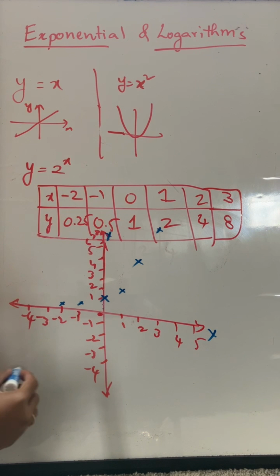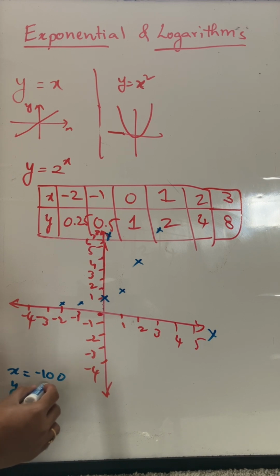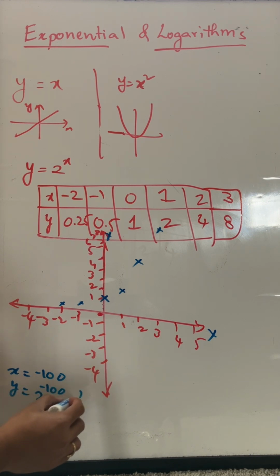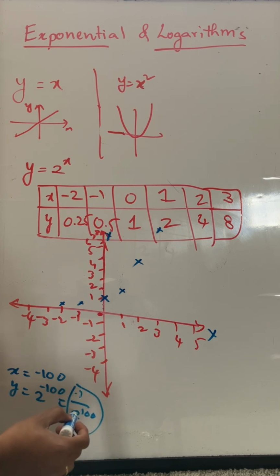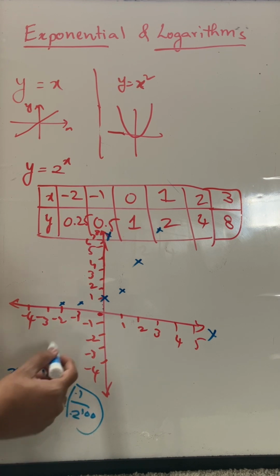Even if x equal to negative 100, what is y? It is 2 to the power of negative 100, that is 1 by 2 to the power of 100. This is always positive: numerator is positive, denominator is positive, so the final value is positive.